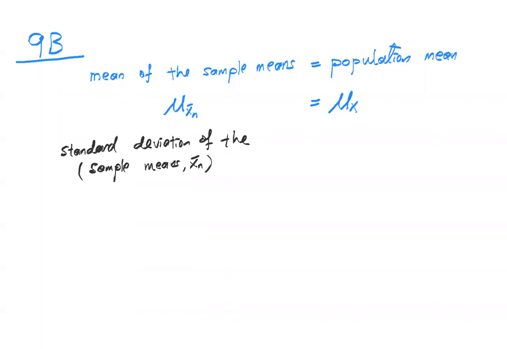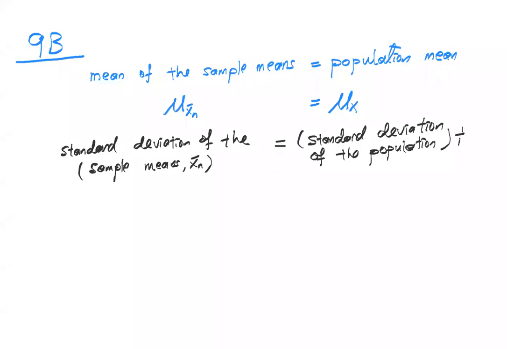It is equal to the standard deviation of the population divided by the square root of the sample size.